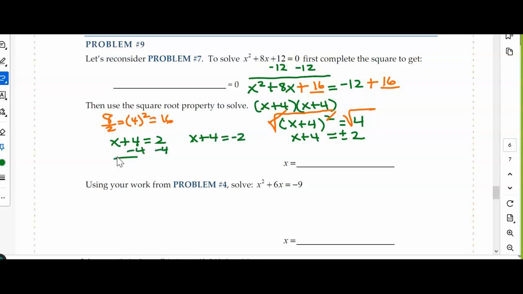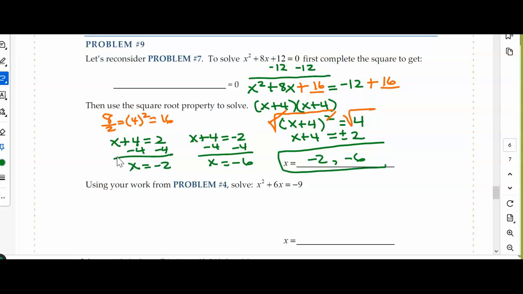And let's subtract those over, so x equals negative 2 is a solution, and x equals negative 6 is the other solution. So x equals negative 2 or negative 6. And those would be your answers.